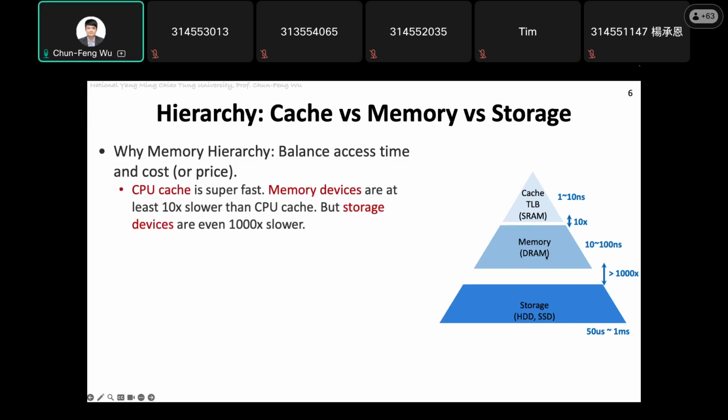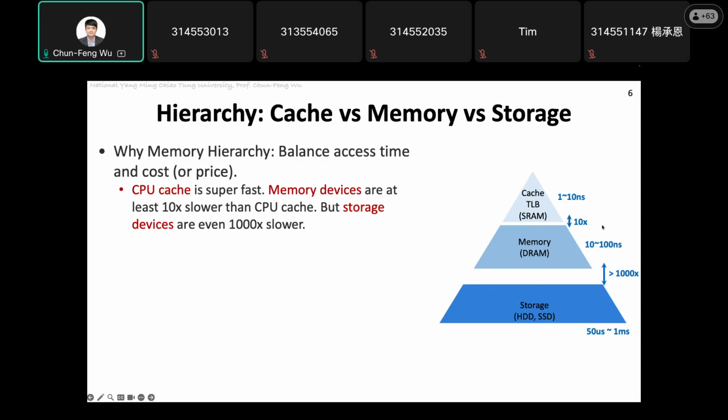I think there is one question: if CPU cache is super fast and memory devices are way slower, then if I have a lot of budget, why not just build a system with only cache and memory? Just like, I'm very rich, so if it is possible to build a system with only cache and memory, and we just remove the storage because storage is so slow.